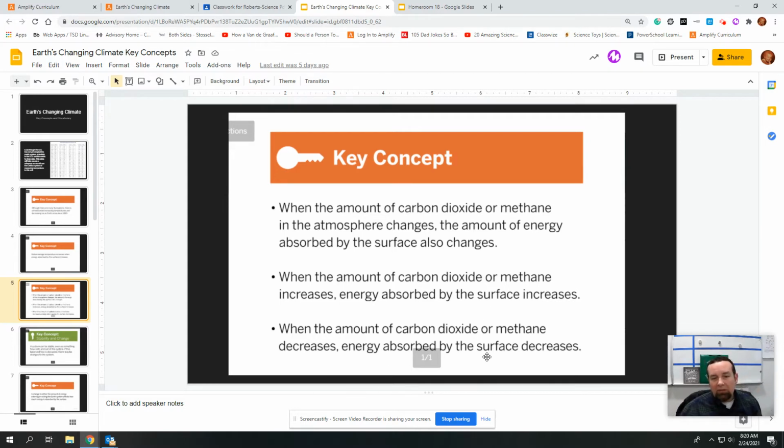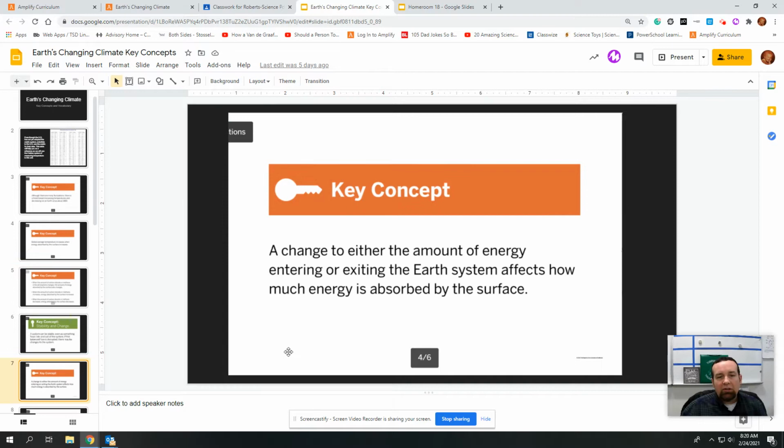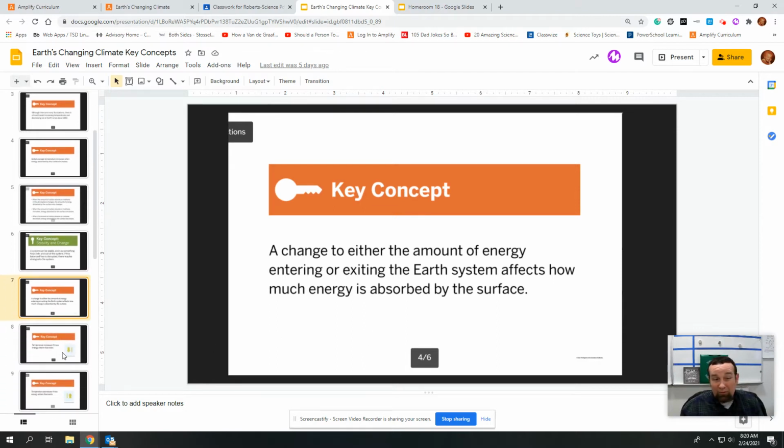The exact opposite thing happens when we have a decrease. We have less of those particles, so we can have more energy exiting the Earth's system than is being absorbed. And we'll see that again in another key concept. So a change in either the amount of energy entering or exiting the system affects how much energy is being absorbed by the surface.